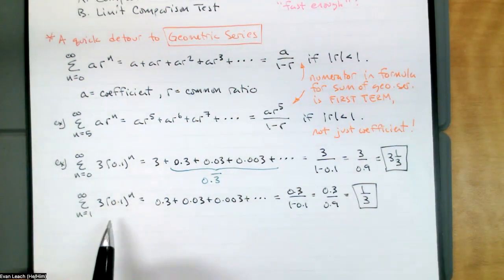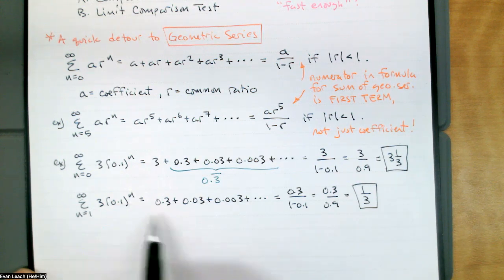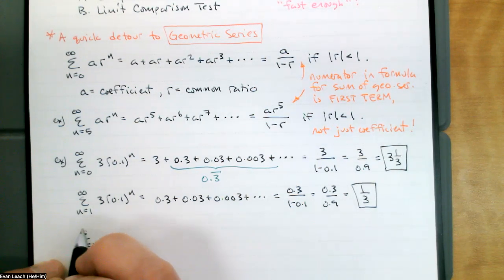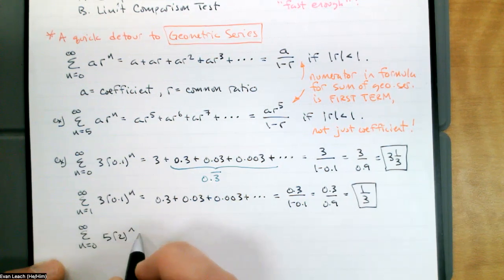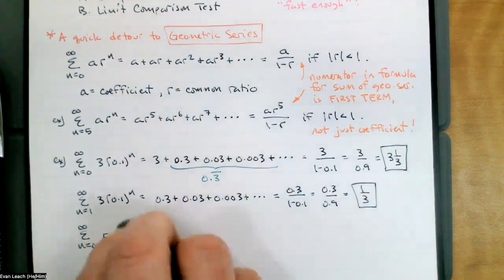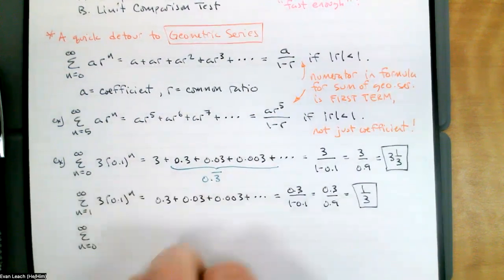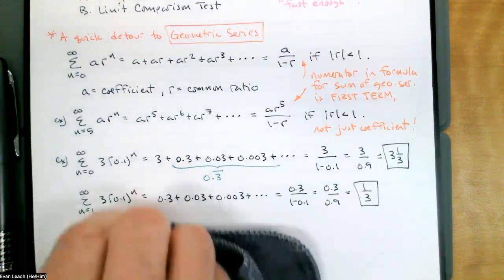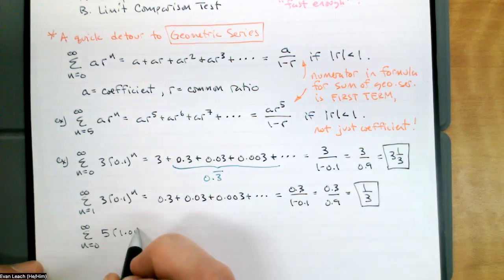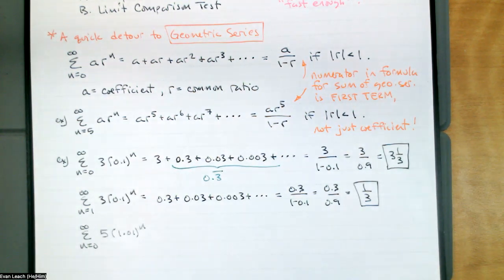If the common ratio is anything even slightly less than 1, then the terms will go to 0 fast enough, and we'll have A over 1 minus R. If our common ratio is greater than 1, even if it's only slightly greater than 1, even if we take $5 and invest it into an account that will pay only 1%, eventually it will become an infinite amount of money.